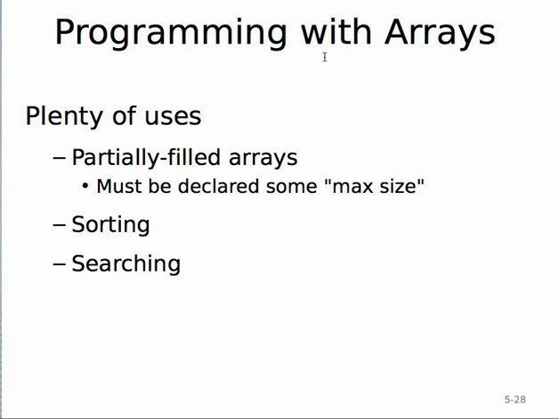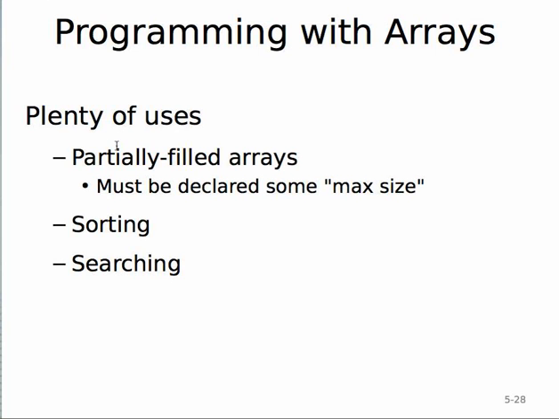All right, so then we look at programming with arrays. Some of these things you had to worry about in Java. Some of these things you didn't have to worry so much. So there's plenty of uses. You can use arrays as some temporary storage where you can maybe increase the number of elements of the array and maybe decrease it.